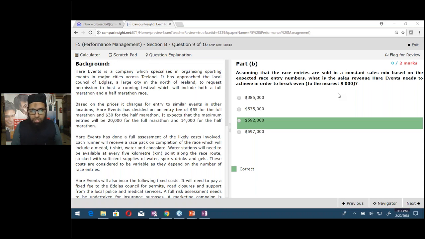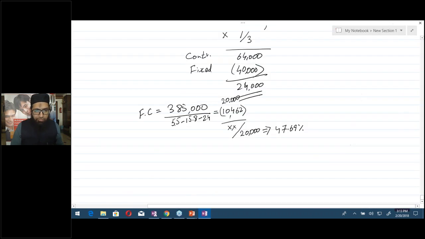Now, in part B, assume that the race entries are sold in a constant sales mix based on the expected sales race entries number. What is the sales revenue the event needs to achieve in order to break even? So this is the question of break-even point.